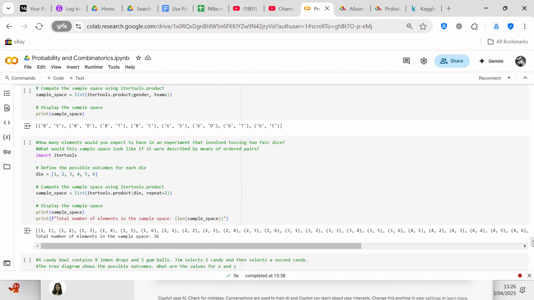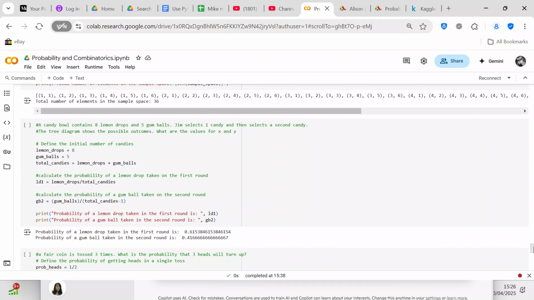Then you compute the sample space: sample space equals list(itertools.product(die, repeat=2)). So it's going to be 6 times 6, which is 36, your sample space. It's going to be (1,1) to (1,6), (2,1) to (2,6), (3,1) to (3,6), (4,1) to (4,6), (5,1) to (5,6), and (6,1) to (6,6), with 36 elements.